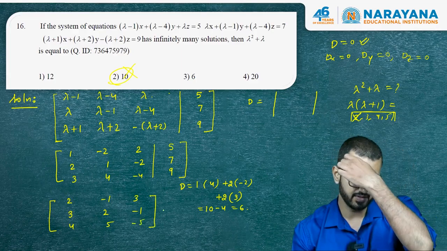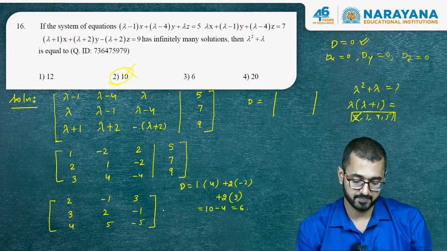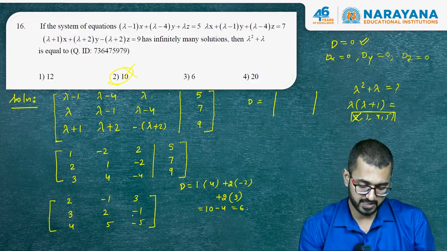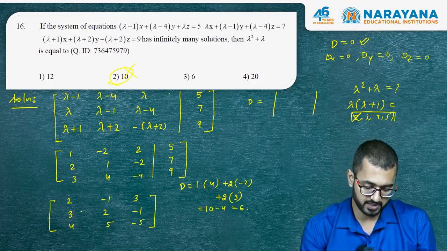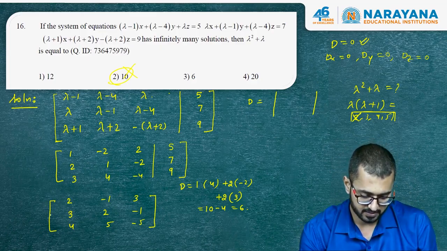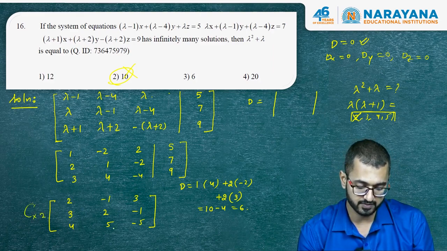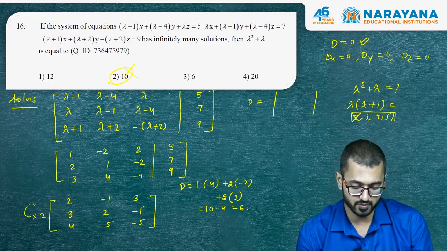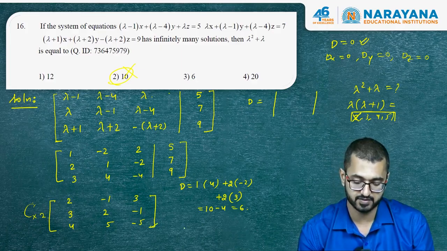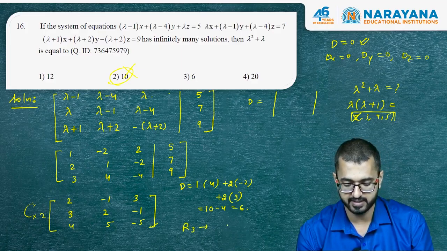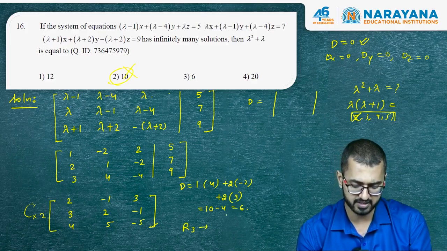Now here we need to notice what will happen to this system. If you see any pattern in the rows or columns, it looks like if I multiply by 2 and subtract it here, 6 minus 2 is 4, 4 plus 1 is 5, minus 2 minus 3 is minus 5. That means yes, we found that our R3 is dependent.